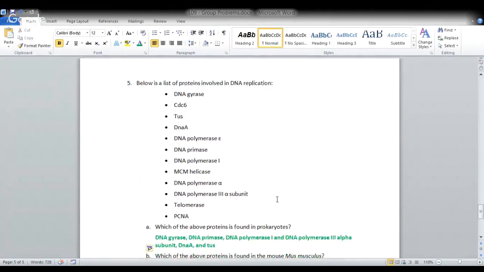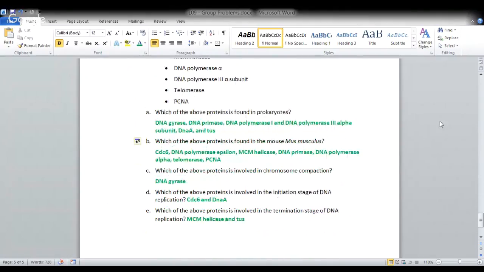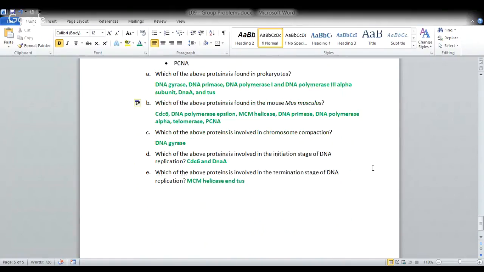Number 5 is just kind of like a matching. For A, which of the above proteins is found in prokaryotes? That's DNA gyrase, DNA primase, DNA polymerase 1 and 3 with the alpha subunit, DNA A, and TUS. B is asking what is found in Mus musculus, and that's CDC6, DNA polymerase epsilon, MCM helicase, DNA primase, DNA polymerase alpha, telomerase, PCNA.